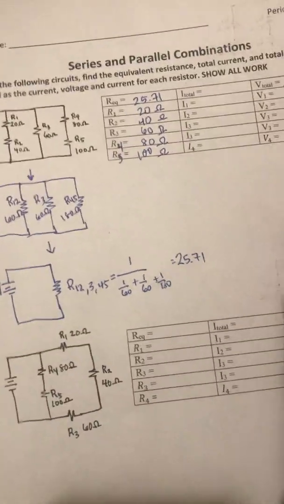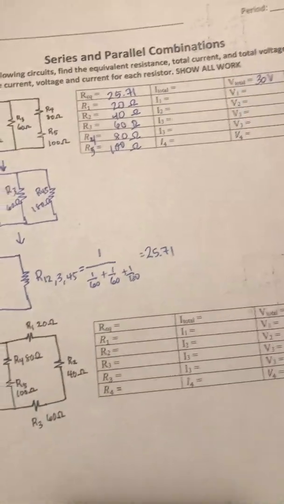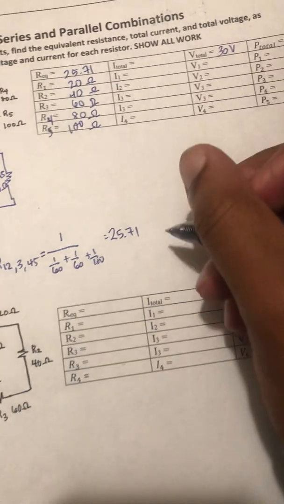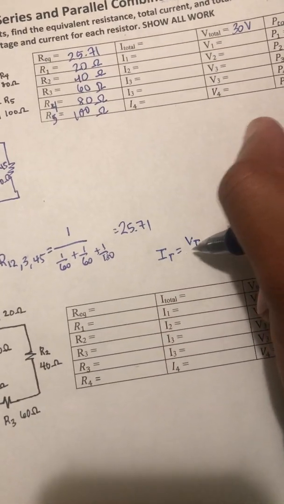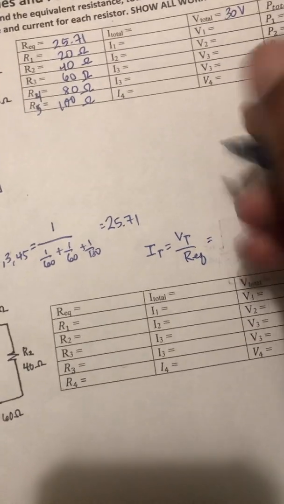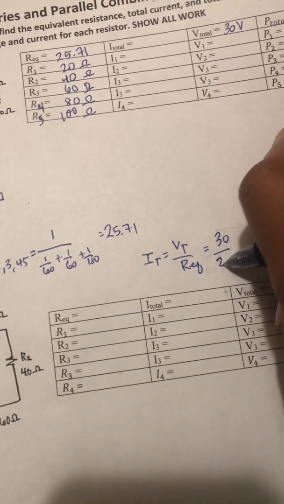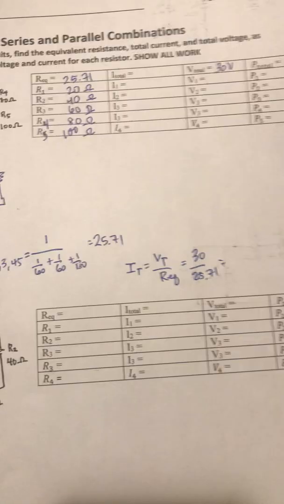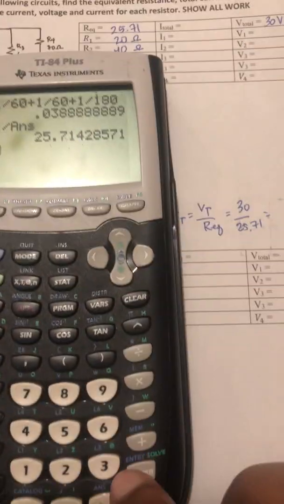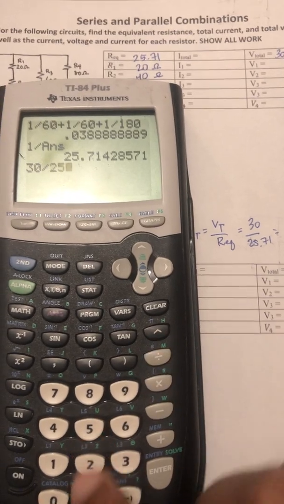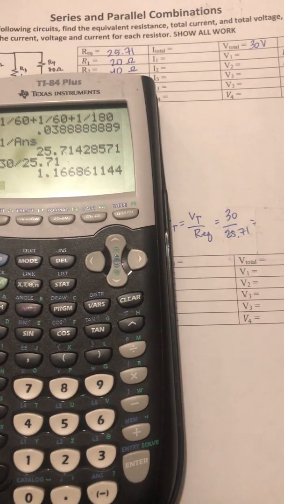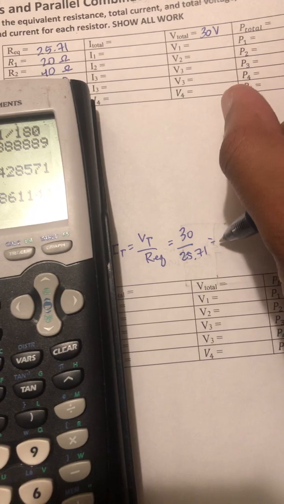All right. Now that I know my total resistance and my total voltage, let's go ahead and find the total current. So total current is going to be equal to total voltage over equivalent resistance. 30 over 25.71, which gives me 1.17 amps.